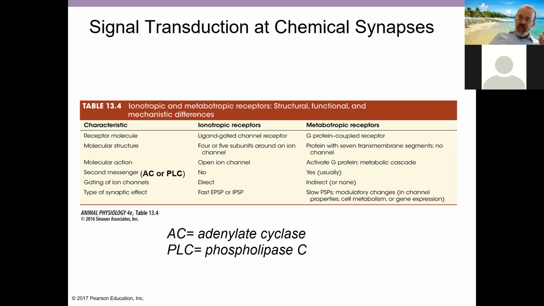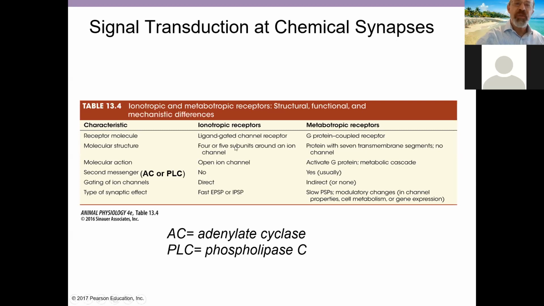So, for example, there's acetylcholine receptors. There's dopamine receptors, right? Like that. But if we take all of the receptors in general of every single neurotransmitter, we can divide them up into 2 main classes. What we call ionotropic receptors and metabotropic receptors.